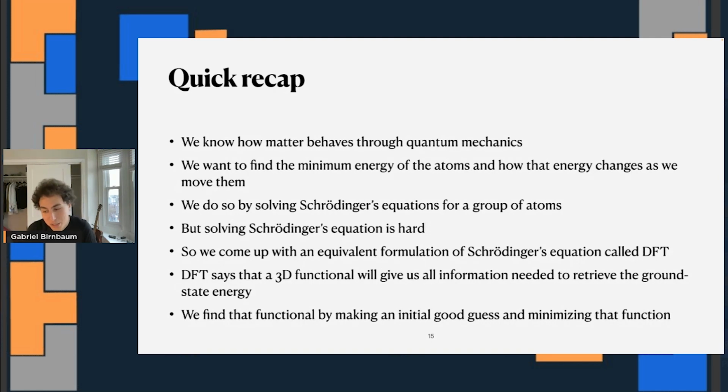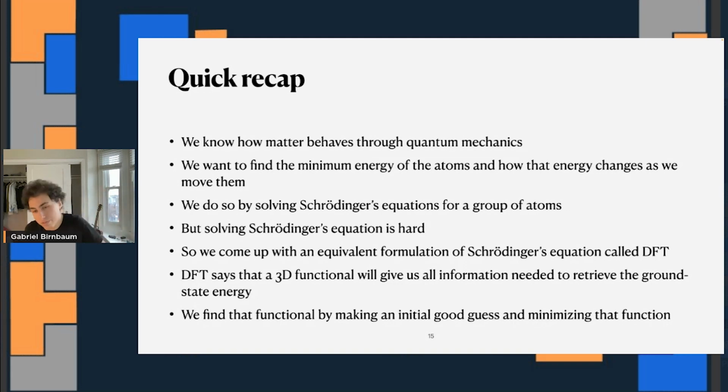By finding the minimal energy of the atoms and how that energy changes, we know how matter behaves. So what we want to do is find the minimal energy of the atoms. We do so by solving Schrödinger's equation for a group of atoms. But solving Schrödinger's equation is hard. It doesn't scale well. It grows exponentially as you have more and more atoms. So it becomes very complicated and not feasible.